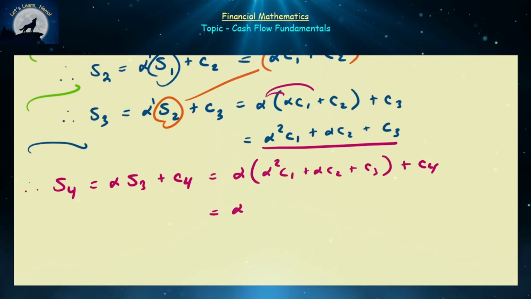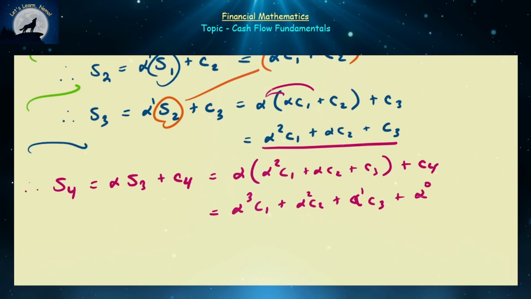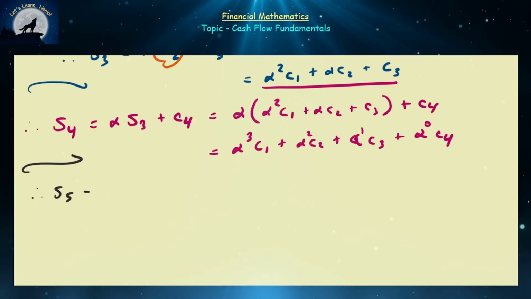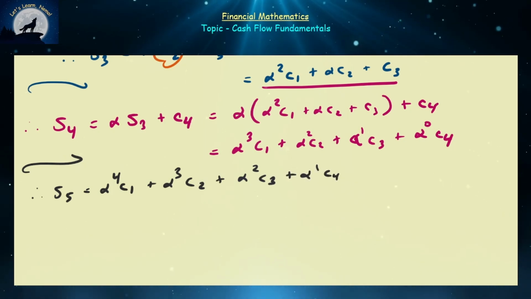Distribute and combine powers: alpha cubed C1 plus alpha squared C2 plus alpha to the 1 C3, and then we can technically write that as alpha to the 0 C4. So without doing any math, are you able to tell me what S5 is going to be? S5 will be equal to alpha to the 4 C1 plus alpha cubed C2 plus alpha squared C3 plus alpha to the 1 C4 plus alpha to the 0 C5.